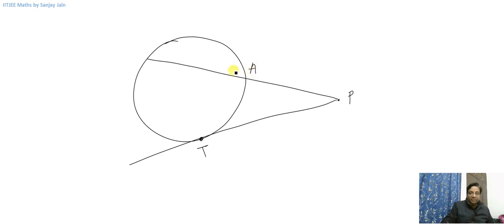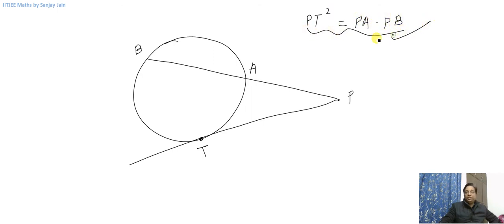Let this be A and let this be B. Now the relation between PT and PA and PB is that PT squared is equal to PA into PB. PA into PB is equal to square of this length of tangent. How do we prove that?